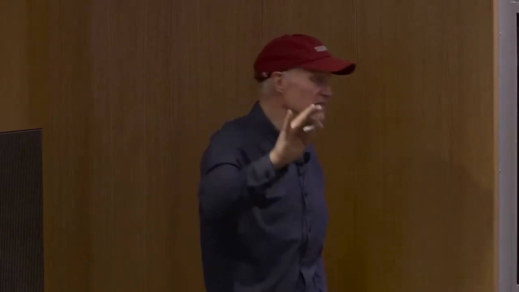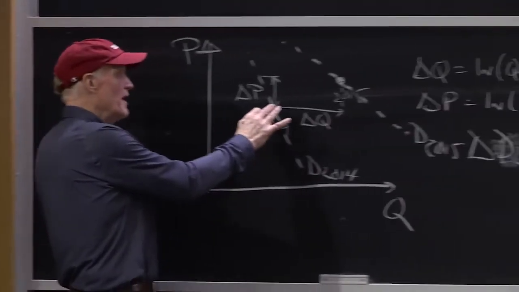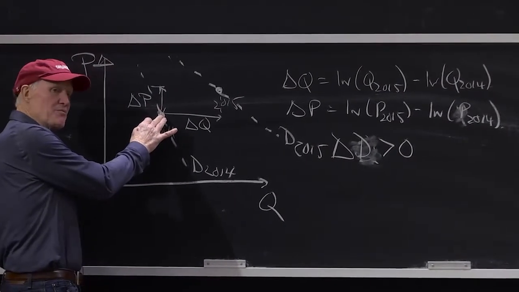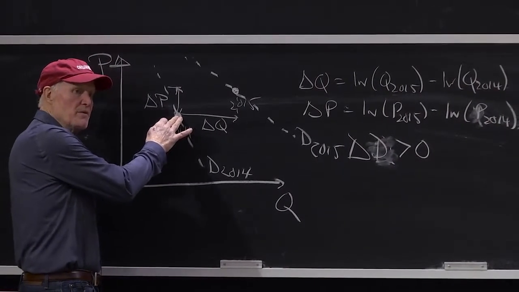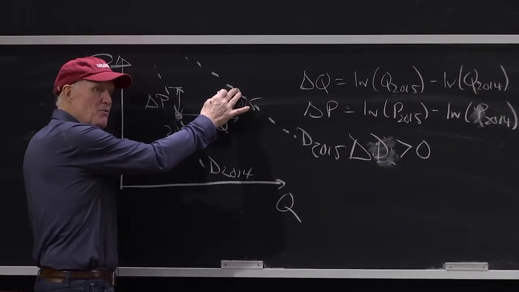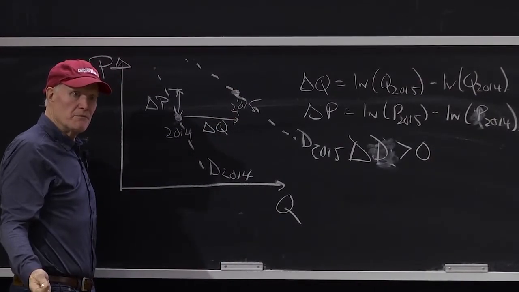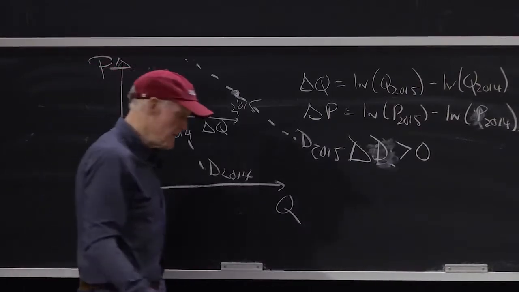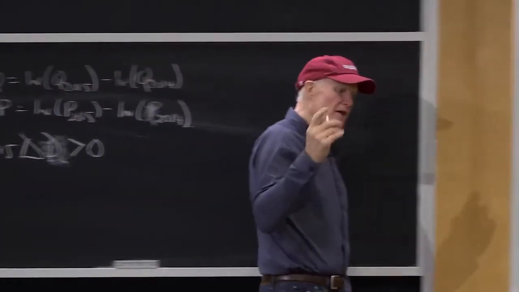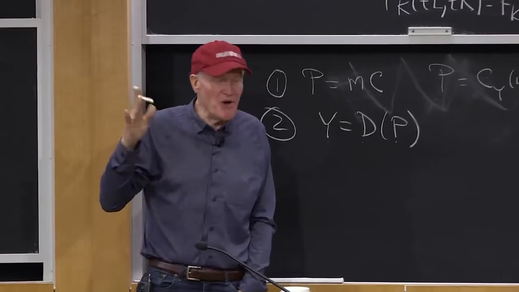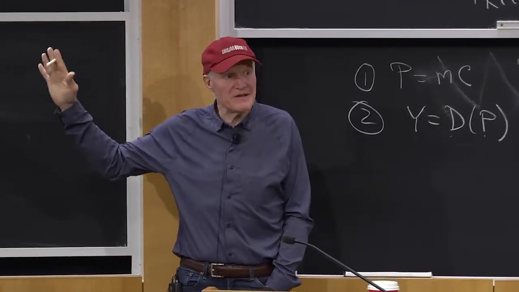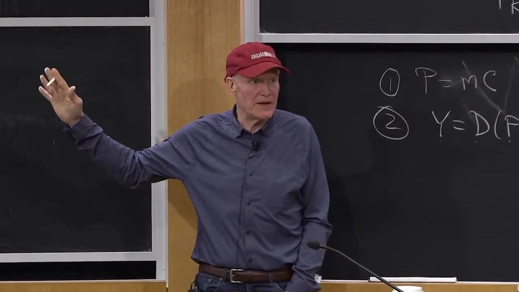Regardless of monopoly, I don't care, whatever you want to say on the supply side, I know that there was a demand curve that went through that point because that's how it was in equilibrium. And there was a demand curve that went through that point because that's how that was in equilibrium. Correct? For sure. People forget that. They think, well, I got to know what happened to supply in order to, no. Those points have to be consistent with whatever happened to demand.